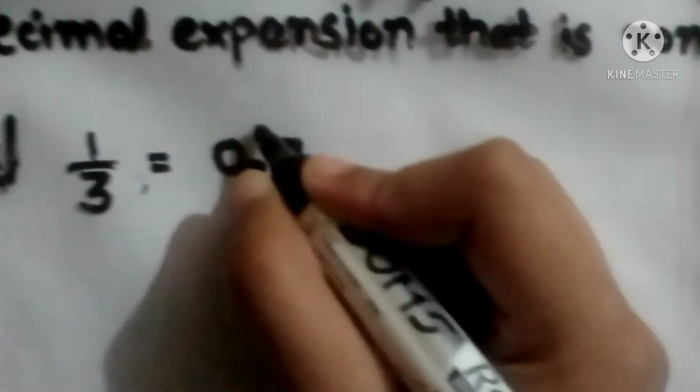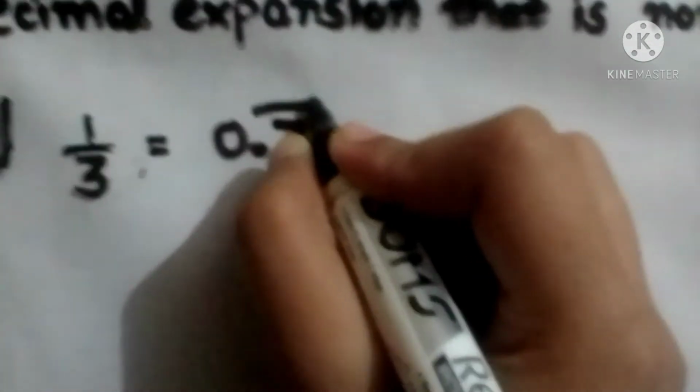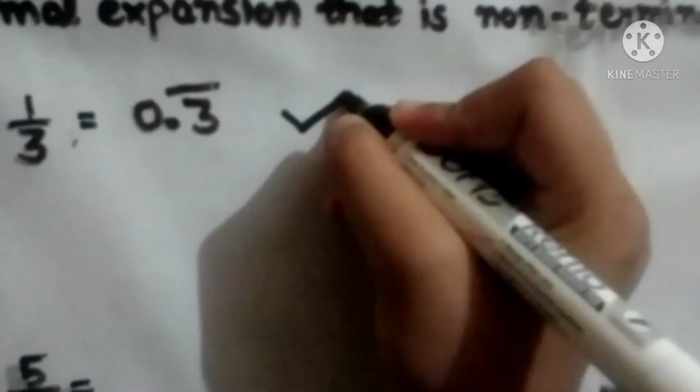Then again 3 threes are 9. So this will keep on repeating. So instead of writing the whole thing, we will write 0.3 and place a bar on 3. This shows that 3 is repeating. So here we have got that it is non-terminating.